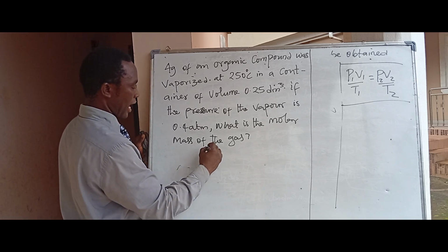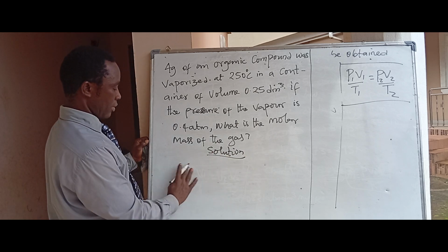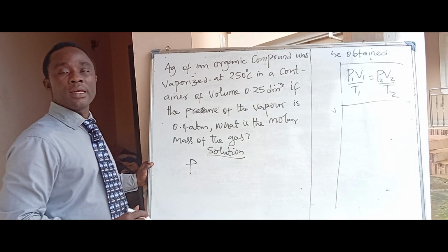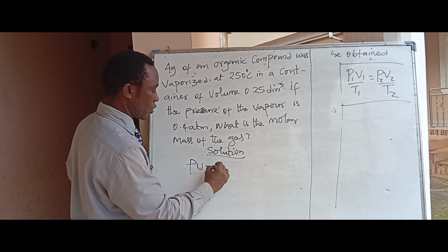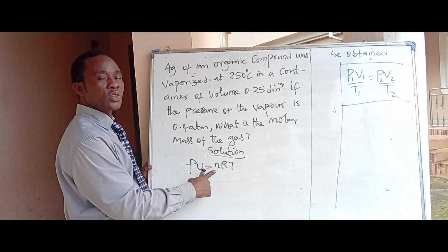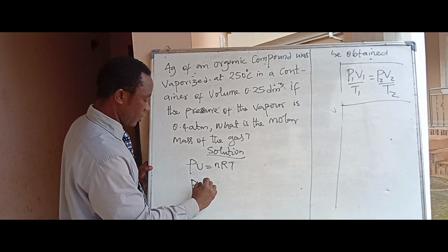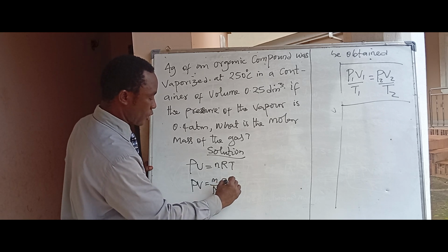Remember, as a solution here, looking for molar mass, remember from the ideal gas equation that PV is equal to nRT. Number of moles is mass over molar mass. So PV will become mass over molar mass multiplied by RT.